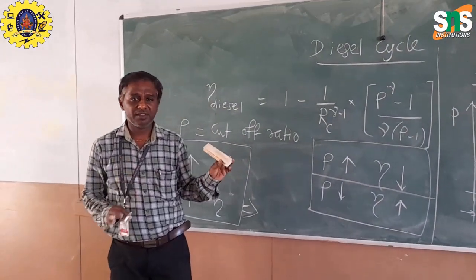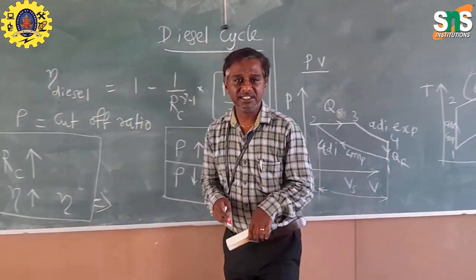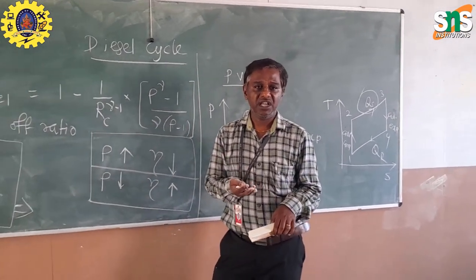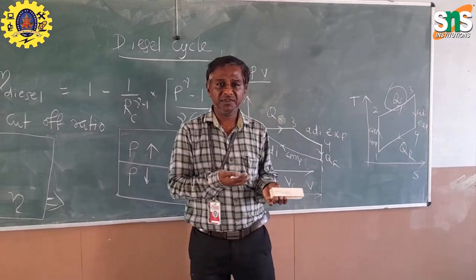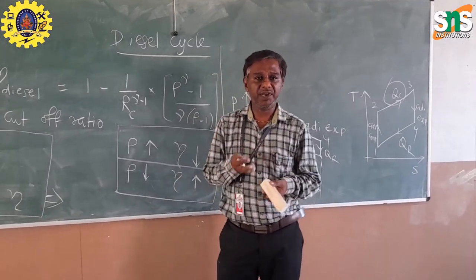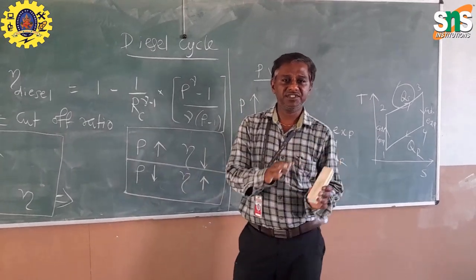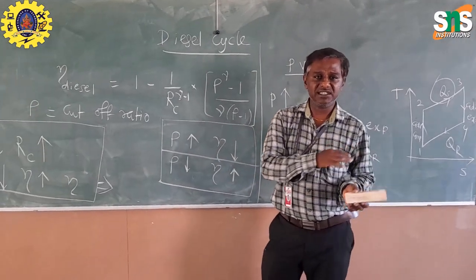I will summarize once again. In this class, we have discussed the processes involved in the diesel cycle. According to the processes, we drew the PV diagram as well as the TS diagram, from which the heat supplied and the heat rejected can be identified, through which the relation for the efficiency of the diesel cycle can be found.